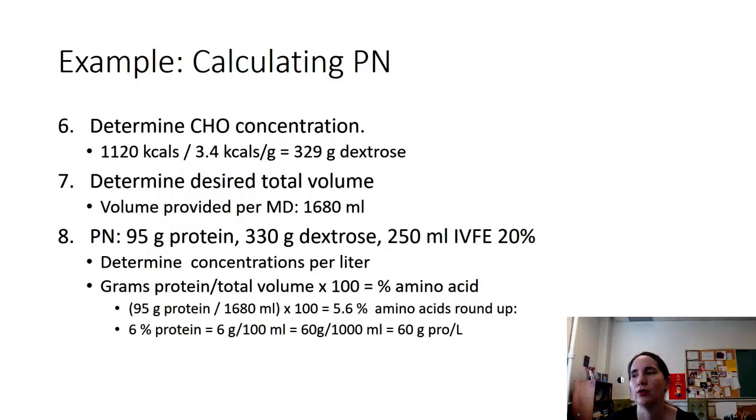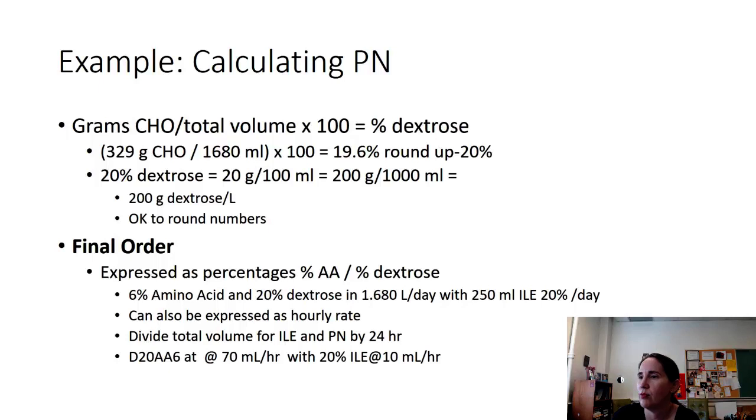So 1,120 calories divided by 3.4 calories per gram gives us 329 grams of dextrose. And let's say the MD says we have 1,680 mLs, well, we will take that 1,680 mLs and we will determine the concentration.